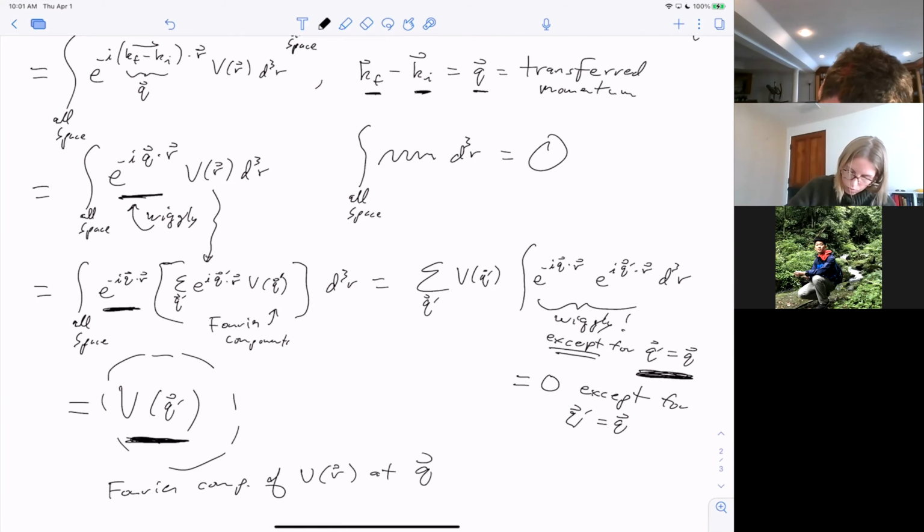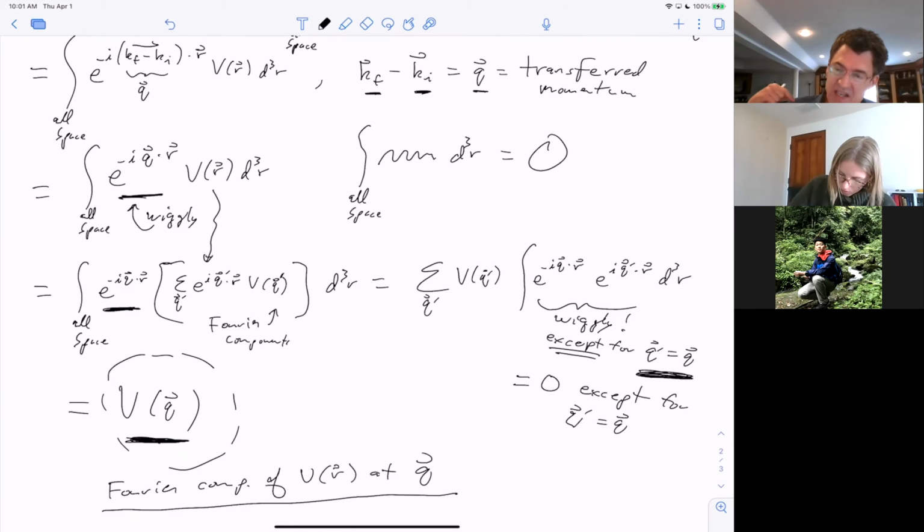And so, oops, this Q prime wasn't there. I made a mistake. Let me get this right. And so the point is that the potential is providing the momentum. The potential provides it because the potential has a Fourier component at precisely that momentum.